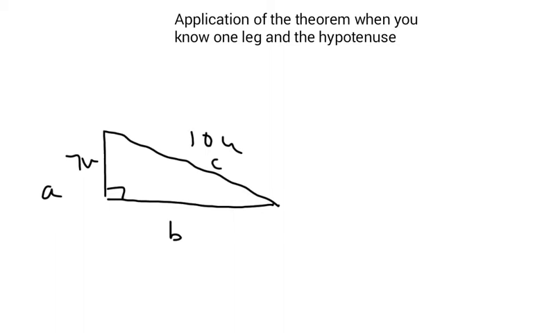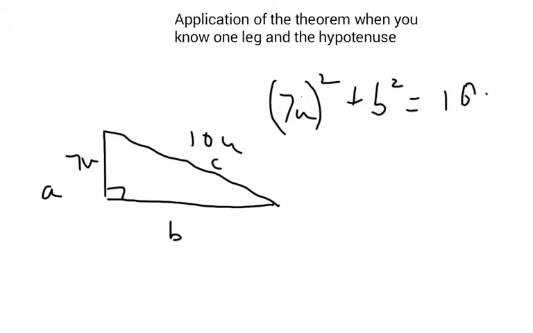So the theorem would say 7 units squared plus B squared equals 10 units squared.